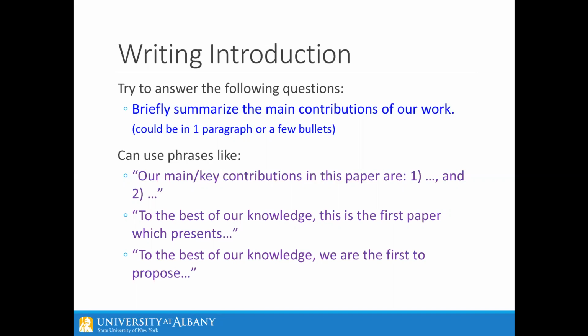So these kinds of statements are strong statements, but if you are sure about what you have done, and if you're sure that you are the first one to do that, why don't we make those statements? But we have to make it with a clause, to the best of our knowledge, as far as we know, that we are the first one to do this.